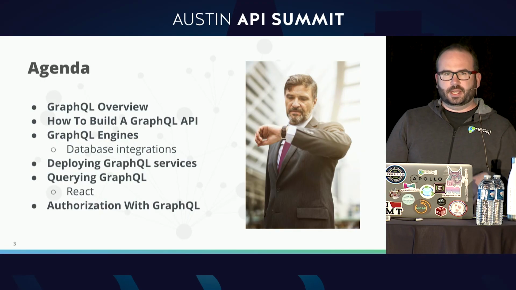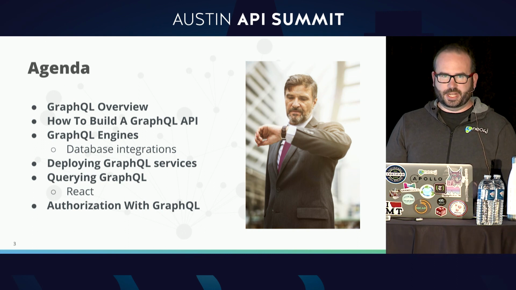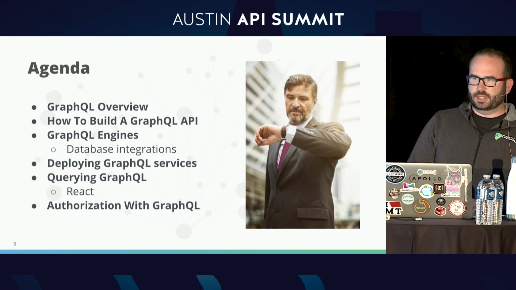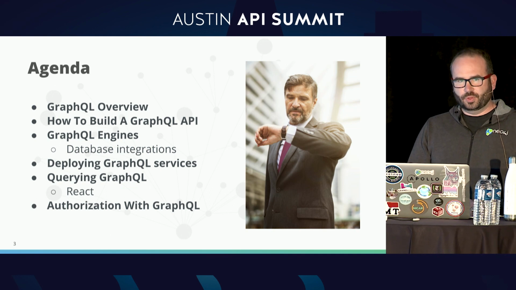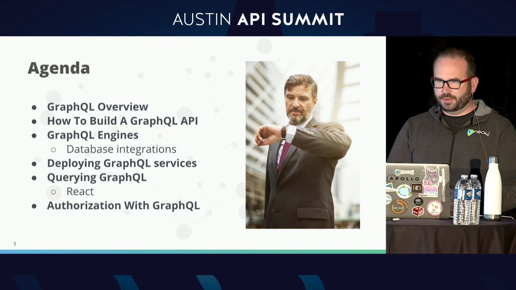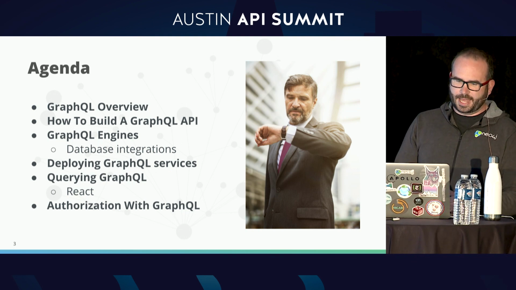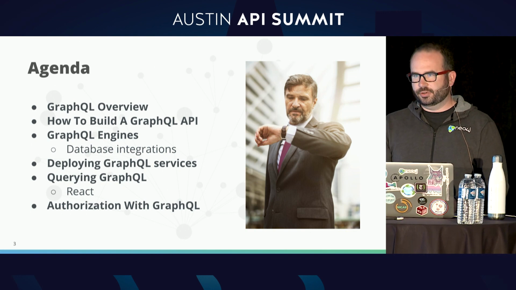So today, like I said, we want to do a deep dive into full stack GraphQL. So we'll take an overview of GraphQL. We'll look at how we build GraphQL APIs, how we build GraphQL services. Then we'll take a look at some database integrations for GraphQL. We'll talk about deploying GraphQL services.